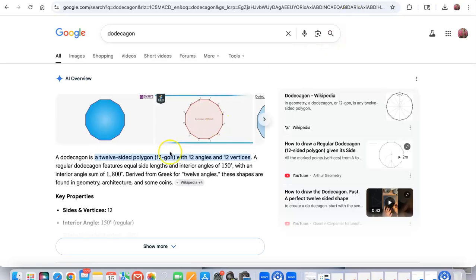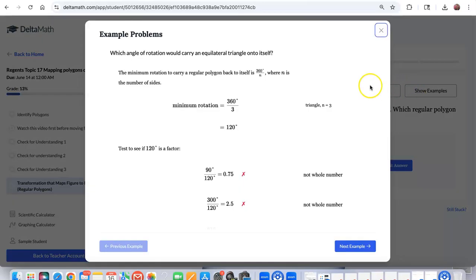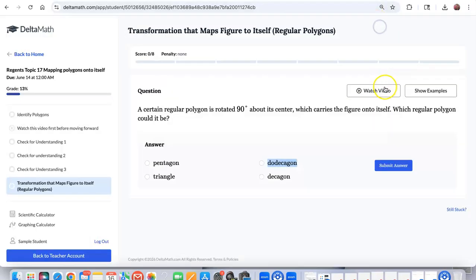It'll tell you how many sides a dodecagon has. So please just look it up if you're unsure, but please don't just try to Google the answer, obviously. Try to understand it. And if you need to look at a video, look at a video, or watch the example, or whatever the case may be.